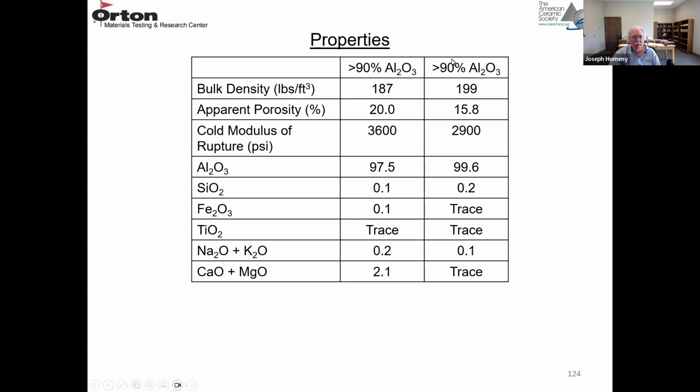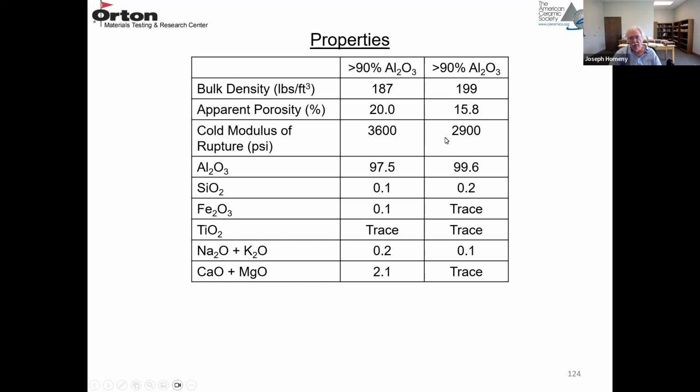And then I think this is the last slide, some higher alumina contents. This is 97.5. This is almost 100%, 99.6. The density here is almost 190. This one's almost 200 pounds per cubic foot, and about 16% porosity. And the cold MOR is a little bit higher here.